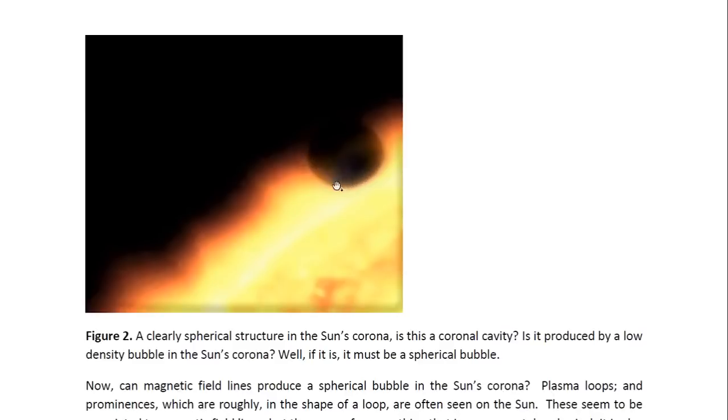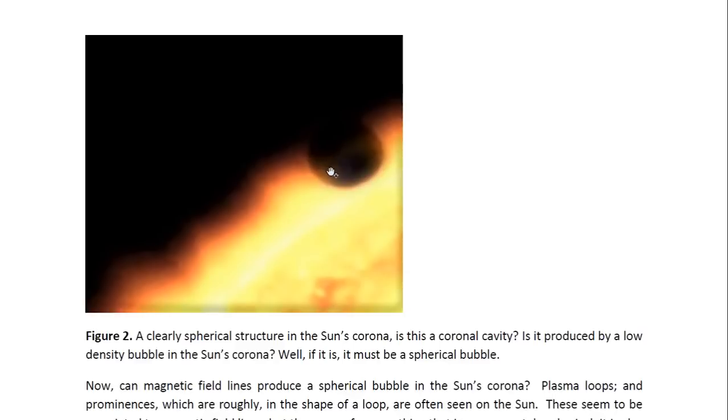If this object could be referred to as due to some bubble, which the term coronal cavity may be suggesting, then this bubble would have to be three-dimensional. It would have to be a spherical bubble because we can clearly see that this is a spherical object.